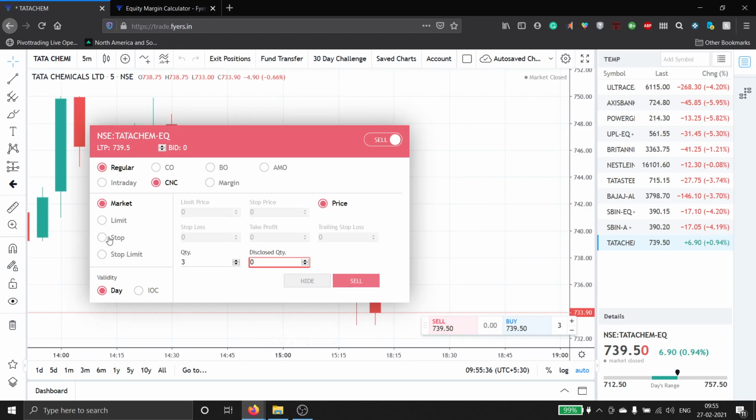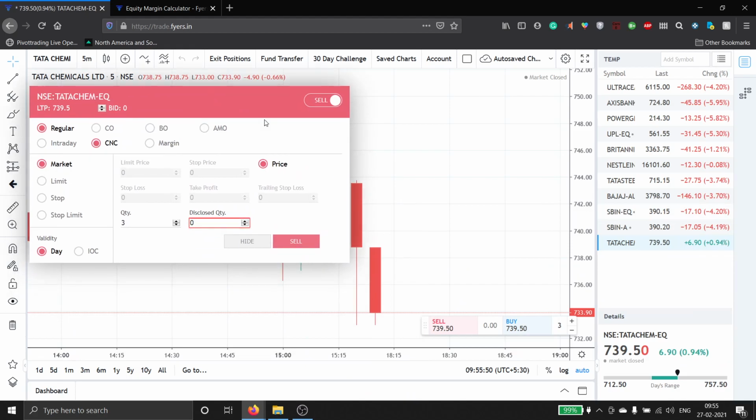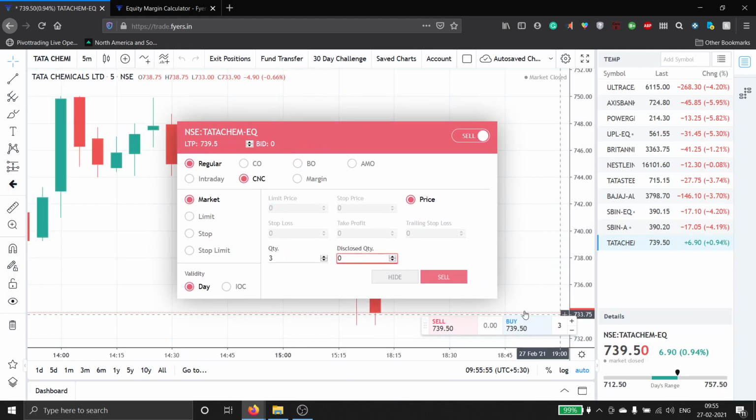Okay, so now the second thing is limit. What is limit? For market, whatever the price of the stock at that point of time, it will automatically buy at that price. If you can see the price here is 733.90, the market will automatically buy stocks at that price.